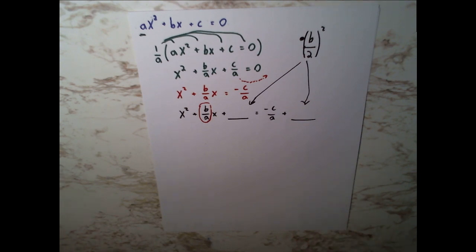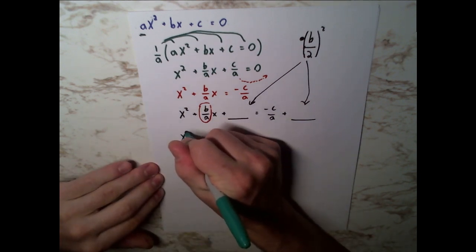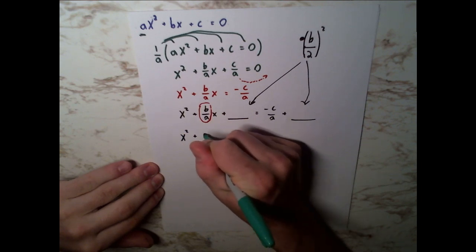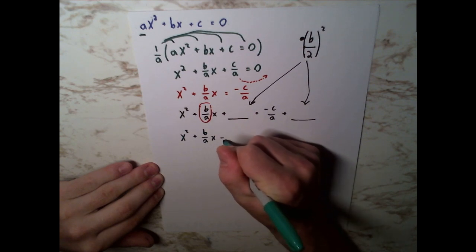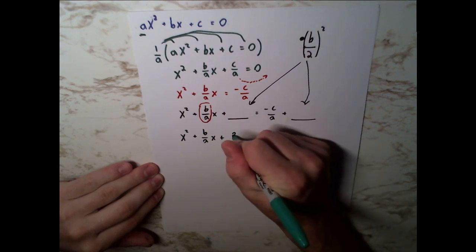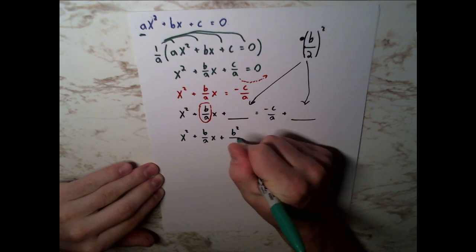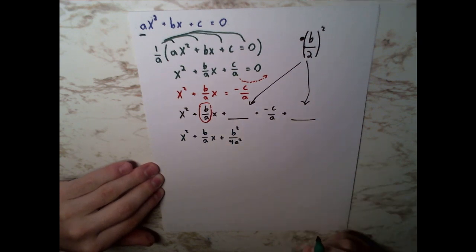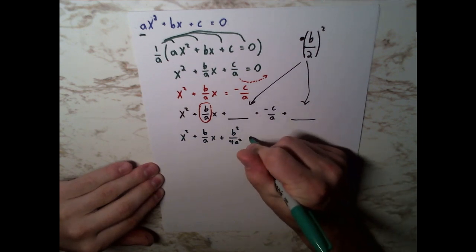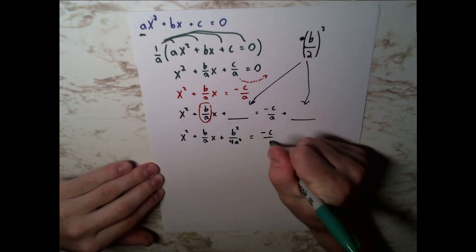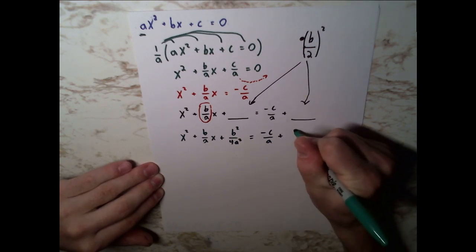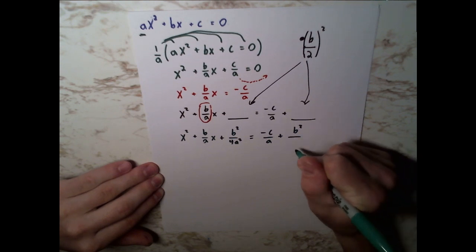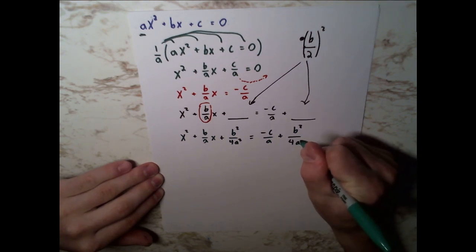So we have x squared plus b over a x plus our number that we calculated, which is b squared over 4a squared, and then all that's equal to negative c over a plus b squared over 4a squared.